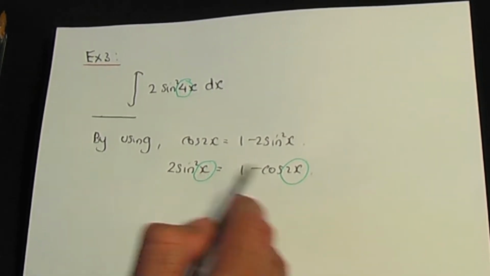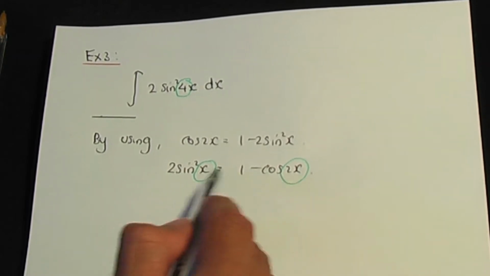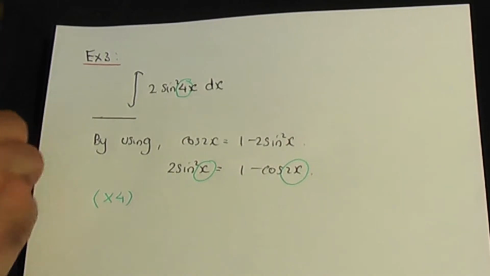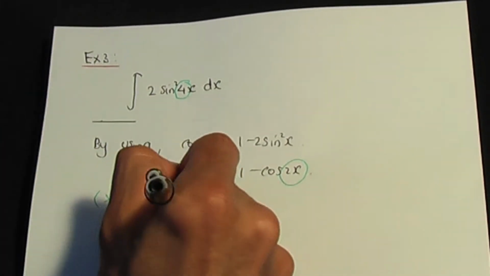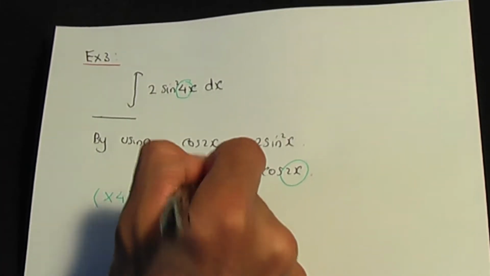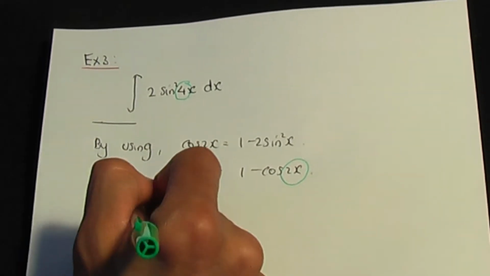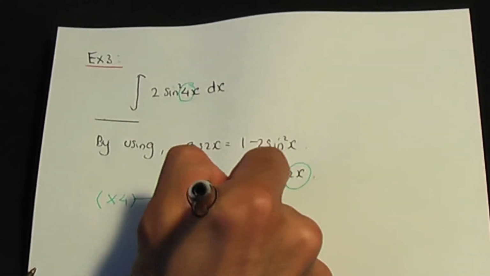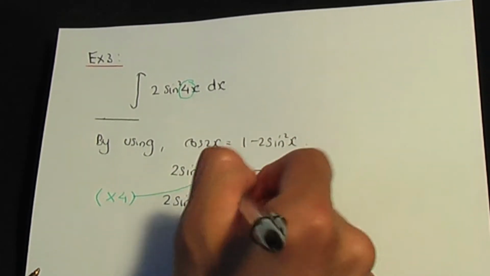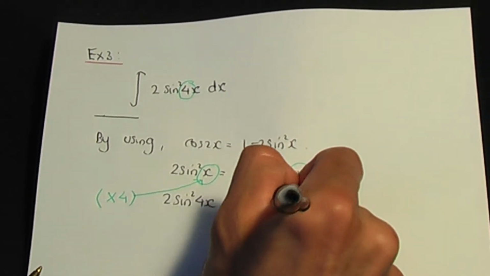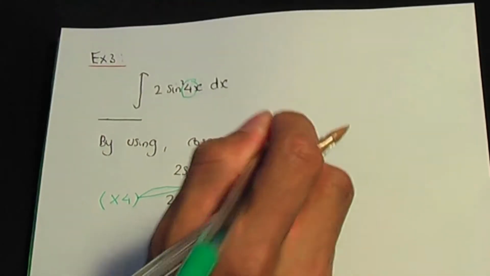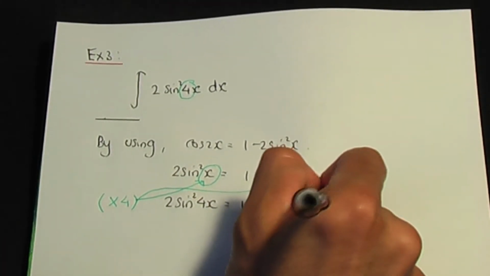So 2 sine squared 4x is equal to 1 minus cos, and 4 times 2x is 8x.